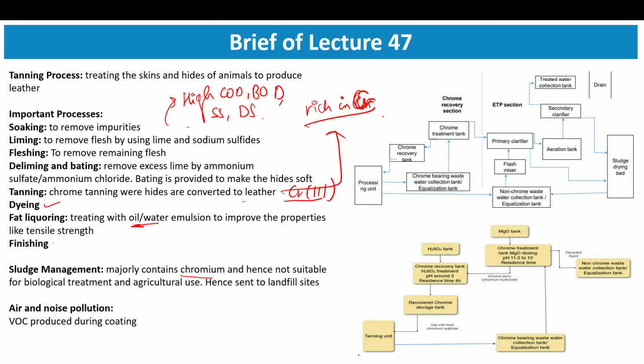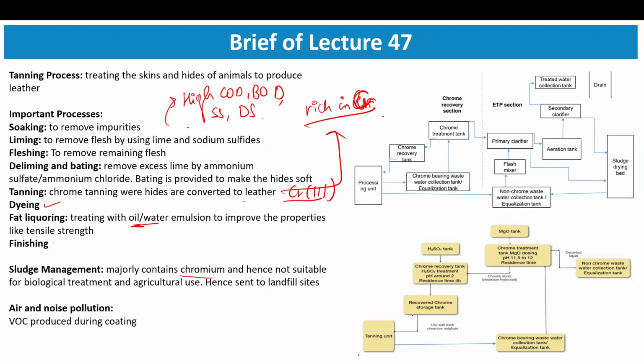The water which is treated can be recycled and reused, but the sludge that is obtained is chromium-rich. To deal with such sludge, it can neither be sent to incineration, where it is burned, because it will generate a gaseous stream which will be rich in chromium, for example.